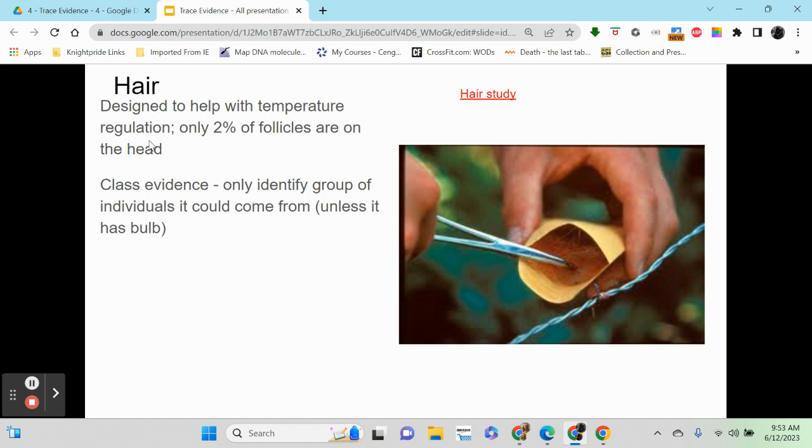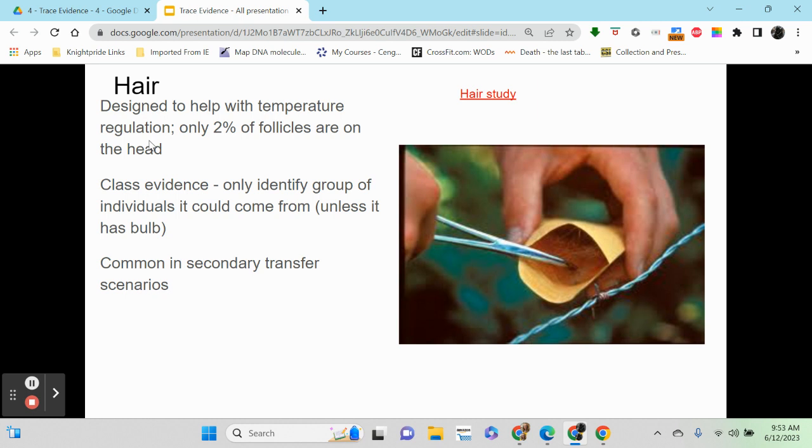For the most part, hair is going to be class evidence. Now, that's not always the case. As you can see on here, if it has the bulb attached to it, then it's going to be individual evidence, or at least it could be, based on the information that can be gained from it.